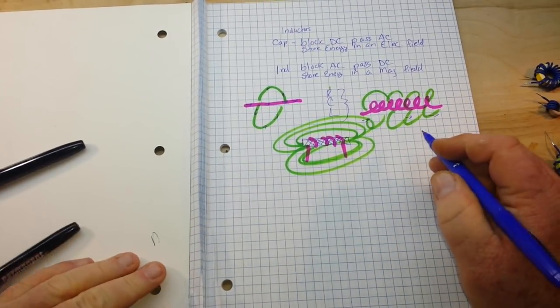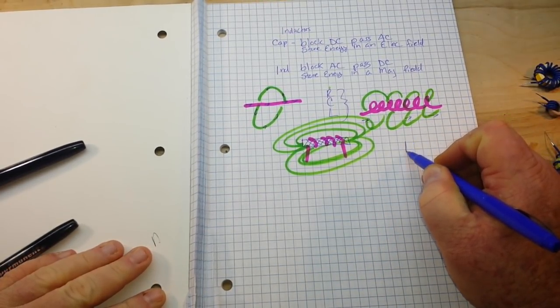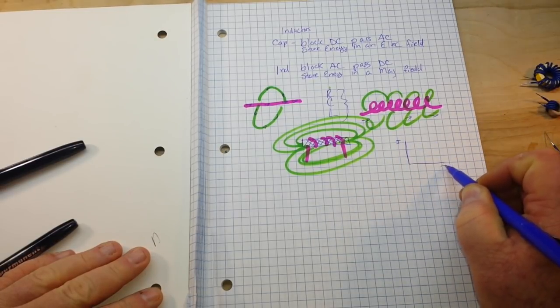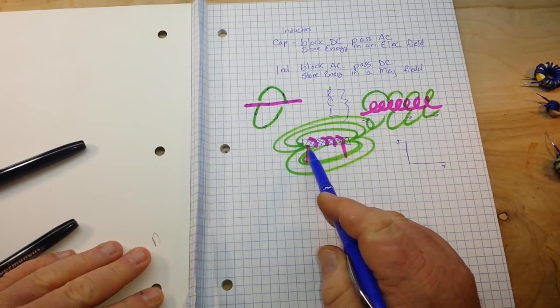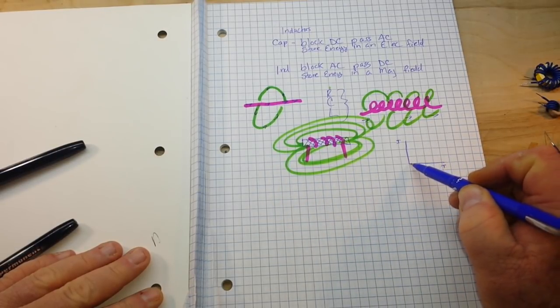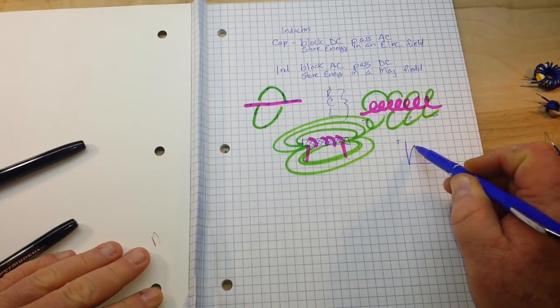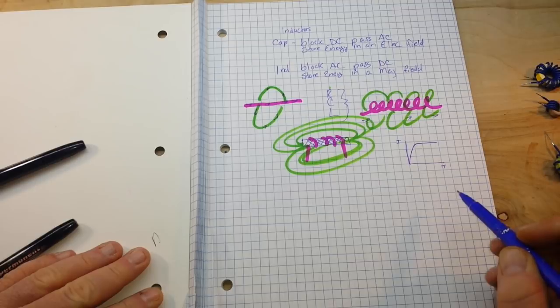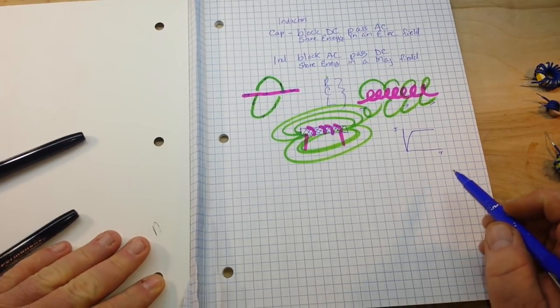And what you will see happening is if we draw a small graph here, this is current, this is time. When the current is first introduced through the coil, it will rise until the coil is fully charged, and then it will taper off.